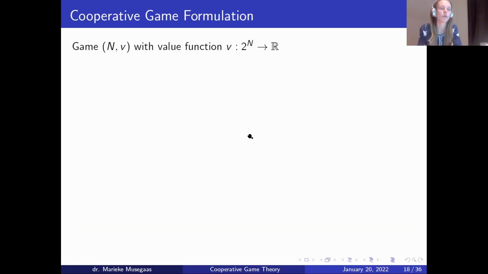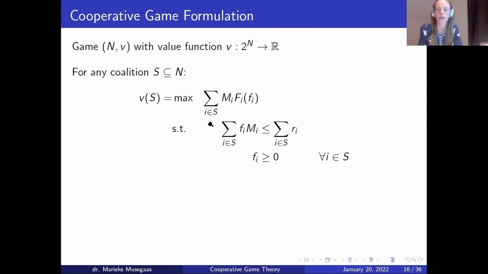So here we have our game formulation. Again, we need to define a value for every coalition. A lot of notation over here, but what does it say? We want to maximize the monetary health benefits of all the players within the coalition, such that we satisfy our resource constraint.